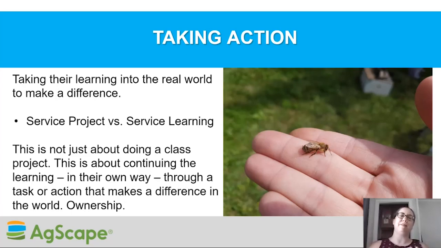But if it's question centered, inquiry based and student led, we get into service learning, where the kids get to this place where they want to take action because they led themselves there. And that action is going to be a direct reflection of the journey that they've just been on. So it's not just about doing a class project anymore.